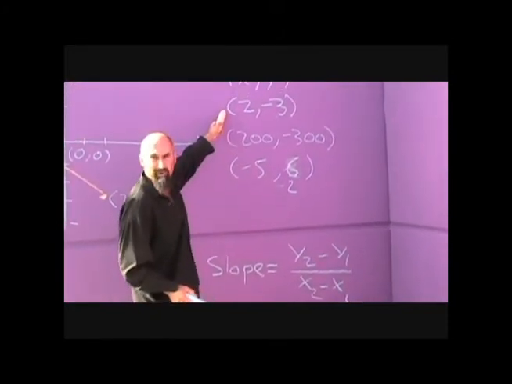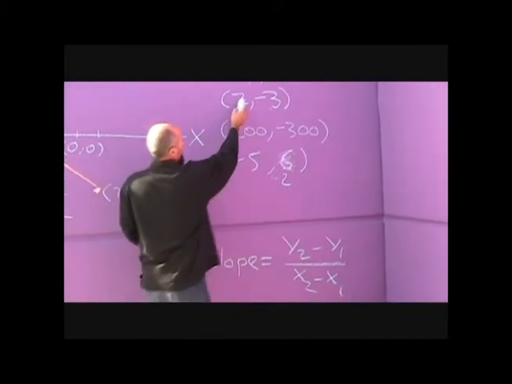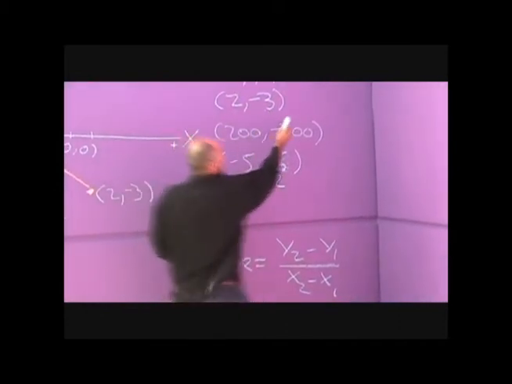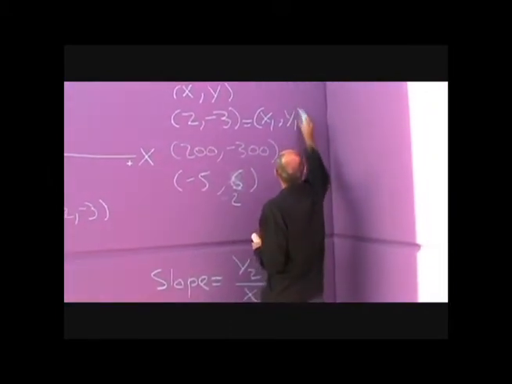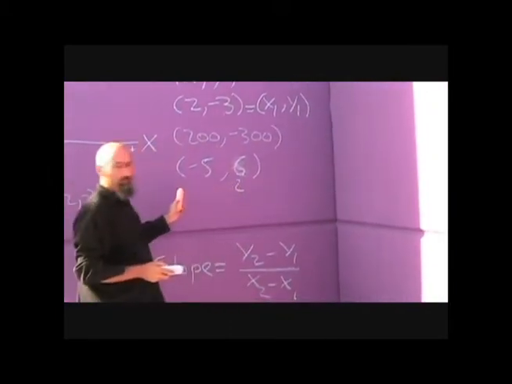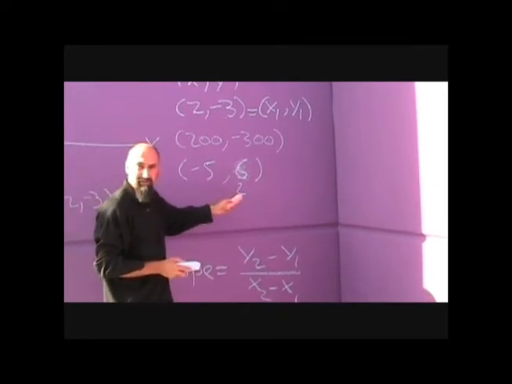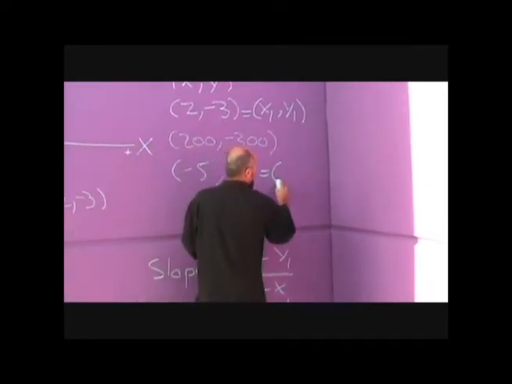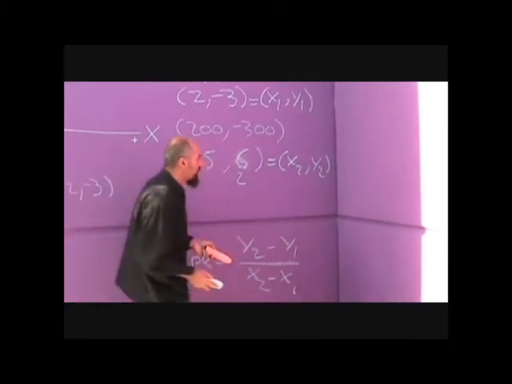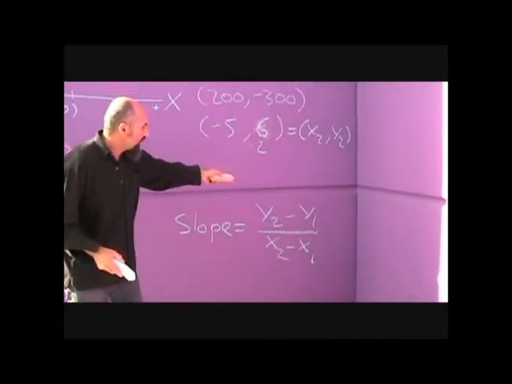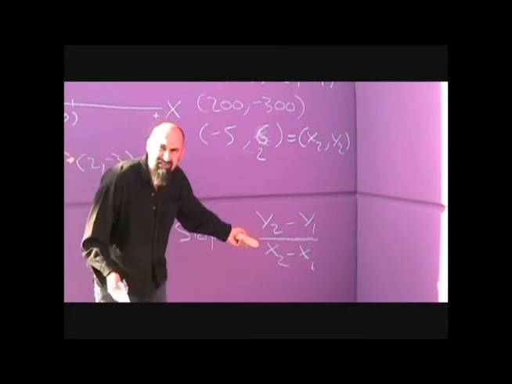So if this was our point 1, we call this x1, y1. And this was the second point we had, so we're going to call this x2, y2. So it's basically talking about comparing 2 points and getting the slope.